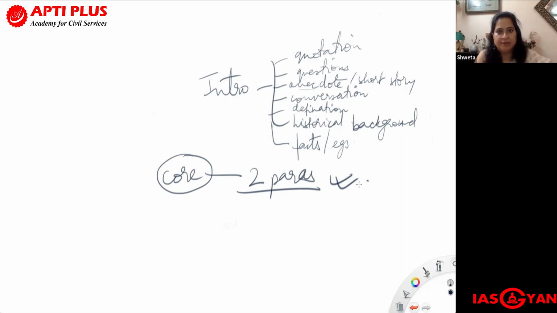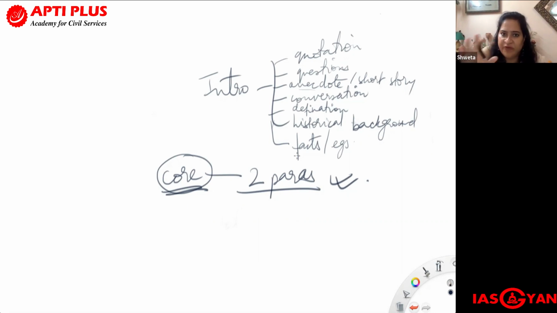Start with that, because that will not only pull the attention of the examiner, but also make the examiner understand that you are absorbing the topic in totality. So get into the core of the topic, and after the introduction, connect the introduction with that idea, and then you start with that area. So the first 2 or 3 paragraphs or initial few paragraphs should be associated with the core areas.